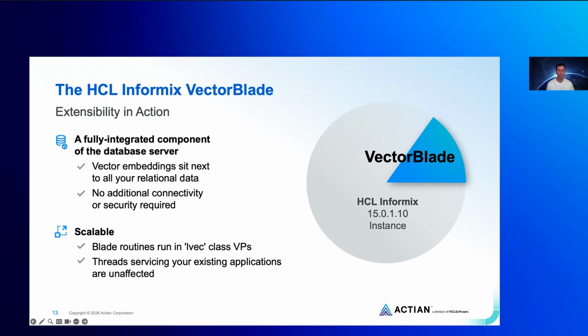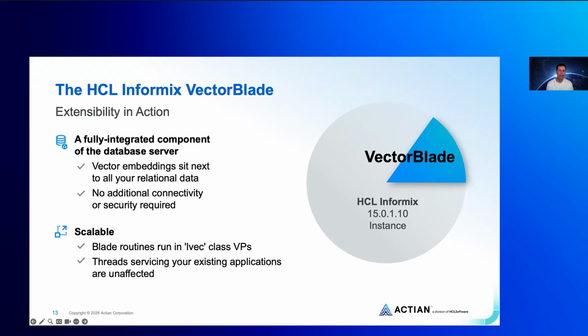of 15.01. And what that means is that when your application calls one of those 30 UDRs for the first time for a particular database, the engine automatically does a couple things. First, it runs this objects.sql script, which is part of the blade, and the definitions for those UDRs and the L-vector embedding UDT are added to the system catalogs.